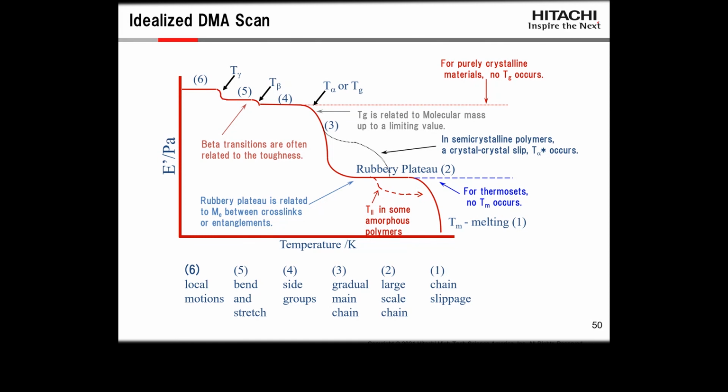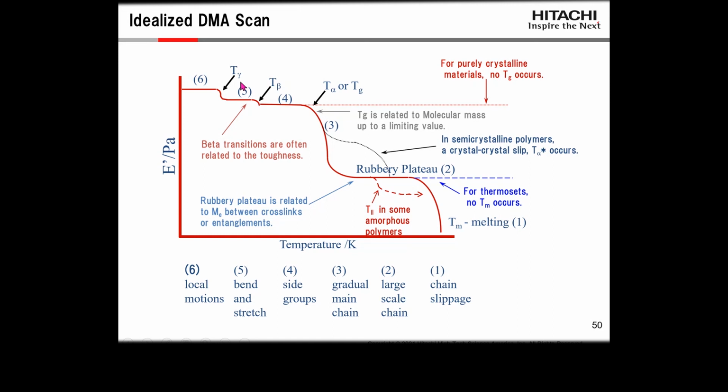This comes out of my book on dynamic mechanical analysis, and we spend chapters discussing all the stuff going on here. But the important point is if we start at high temperature melting and we go down, we get the rubbery plateau and the glass transition, but then we pick up these other transitions that are not visible by other techniques.